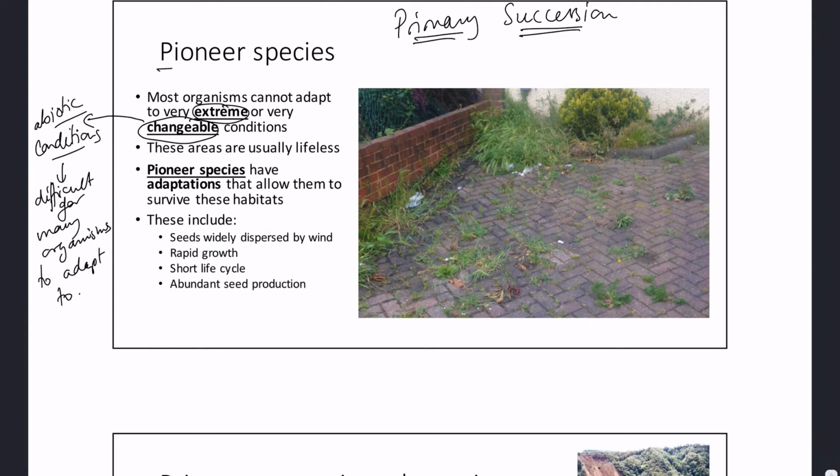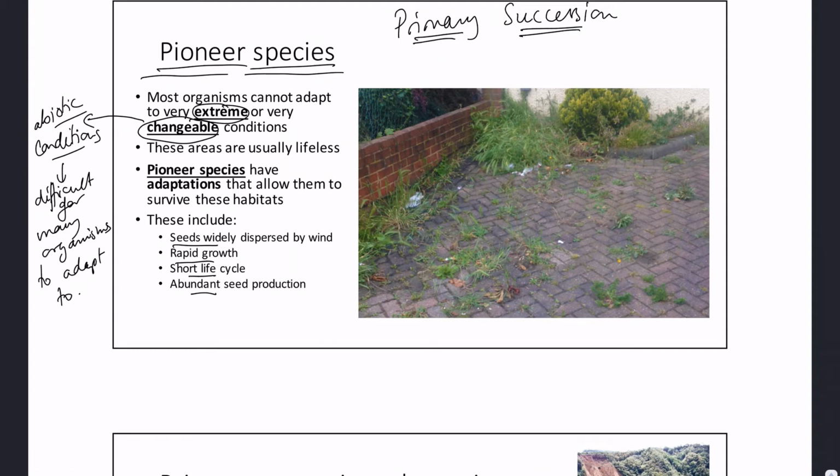However, some organisms do have the adaptations to survive these places, and they are called pioneer species. Okay, these are their characteristics, which explains why they can occupy certain places. So these are called pioneer species, right?